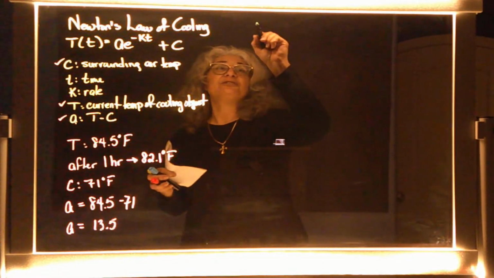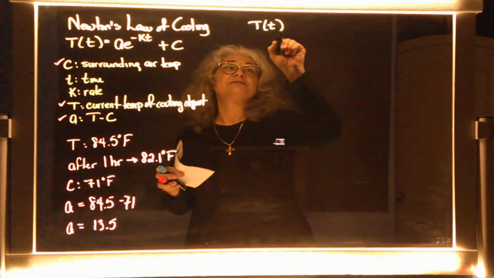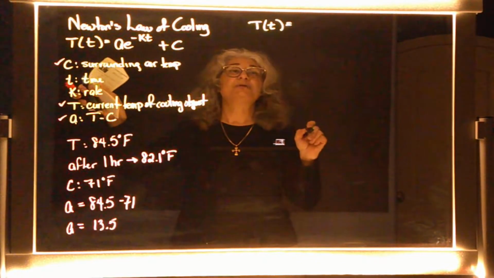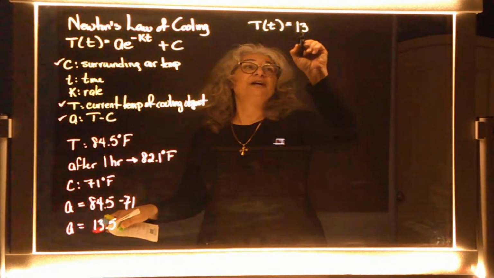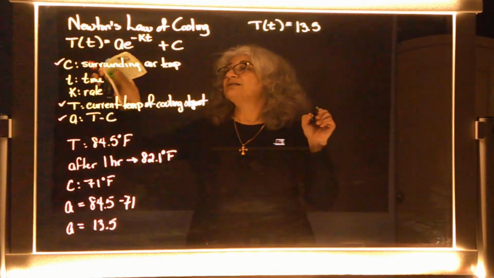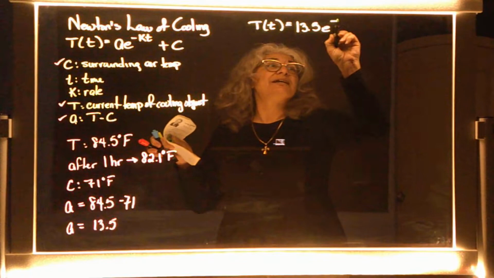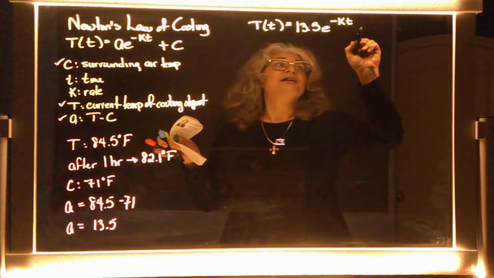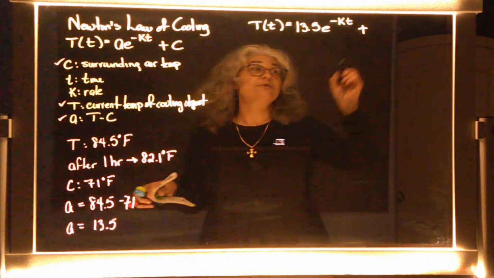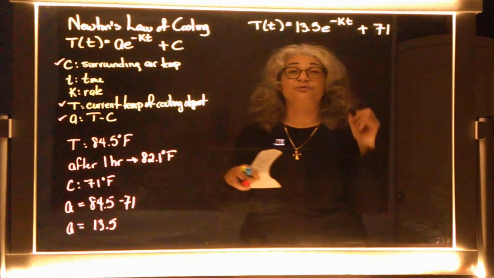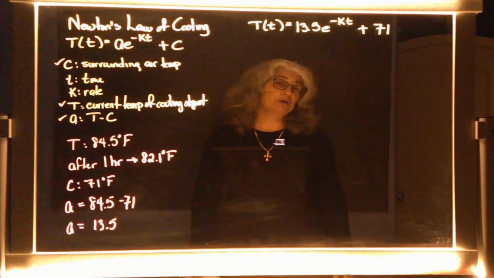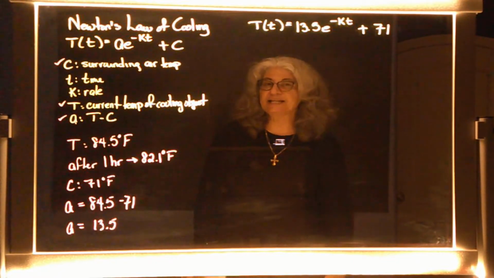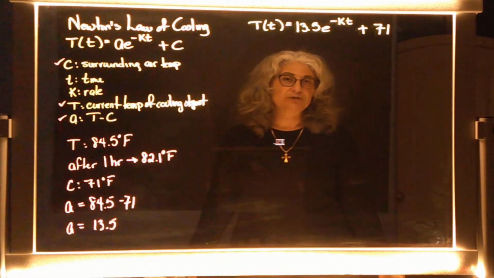So let's see what this is looking like so far. Capital T of little t is equal to A, which is 13.5, times e to the negative kt, plus C, which is 71 degrees. That's the surrounding temperature, correct? Okay, so as with any cooling model, right?